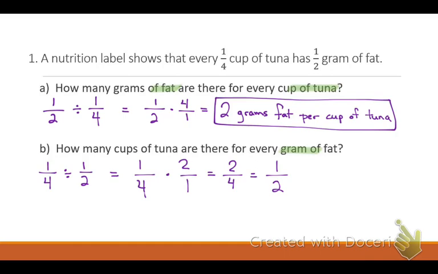Without the label, my answer does not make sense. What is it, Hannah? 1/2 cup of tuna for every gram of fat. Perfect. 1/2 cup of tuna for every gram of fat. All right, great job, guys.